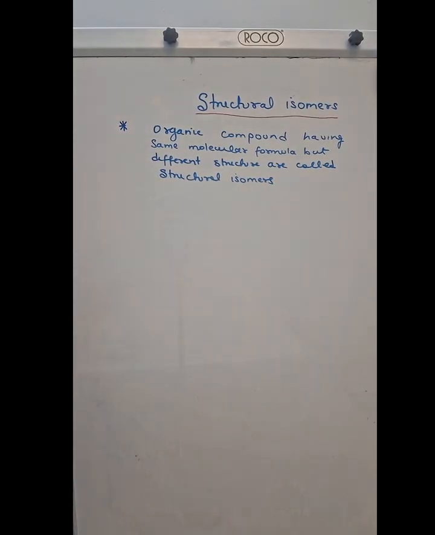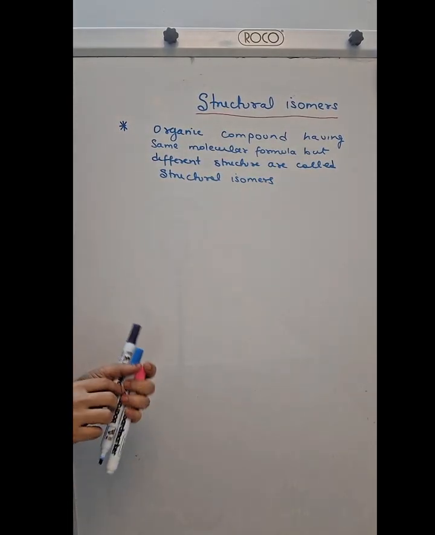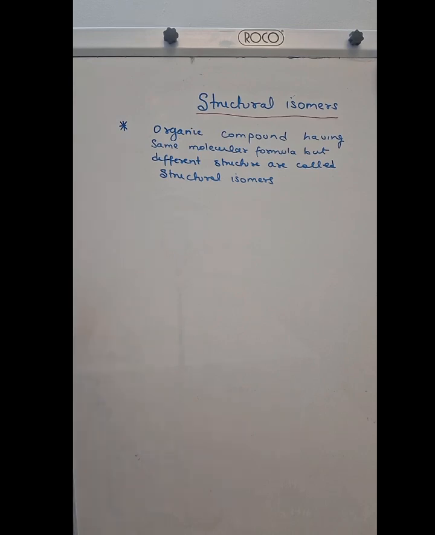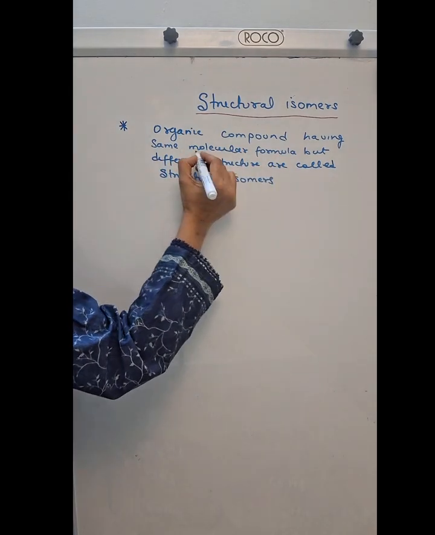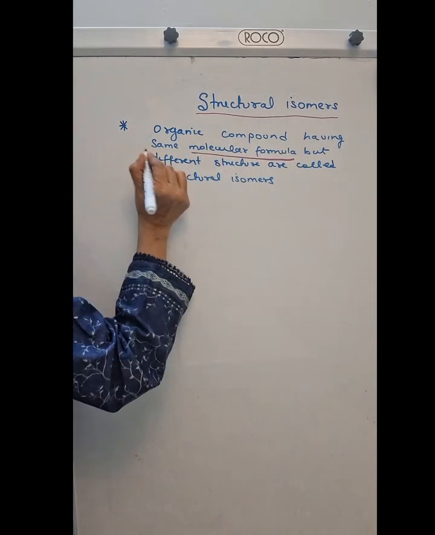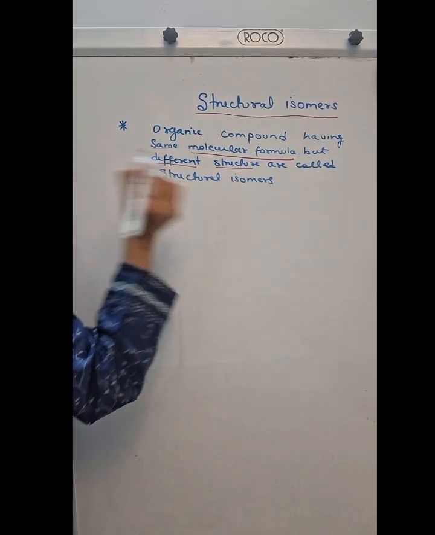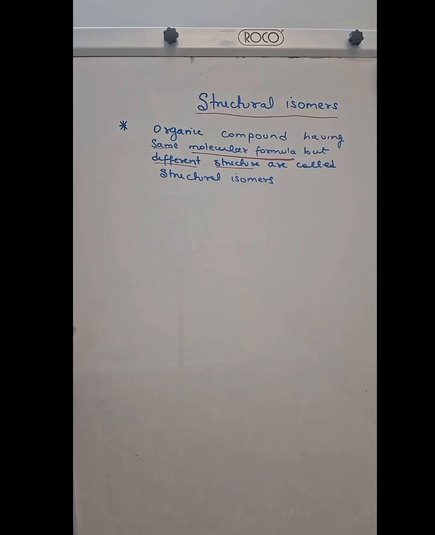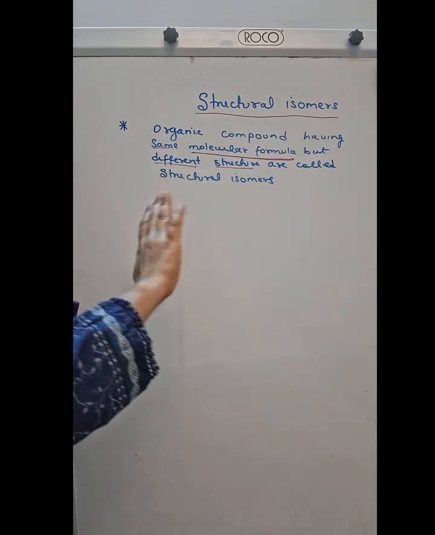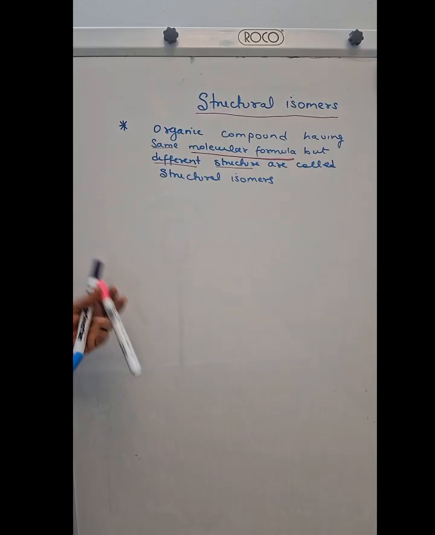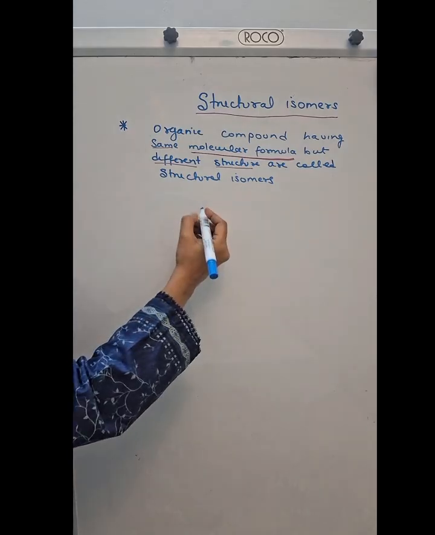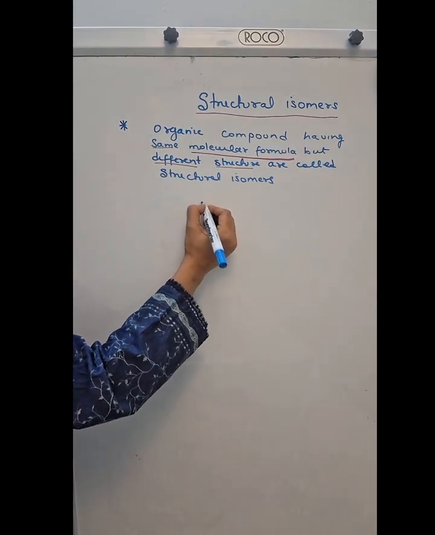Okay. Now, what does it mean? It means that the compound will have the same molecular formula, but the structure will be different. So the isomers will have the same molecular formula, but different structure. For example, suppose we say butene.